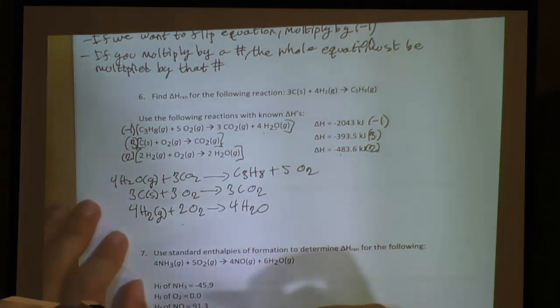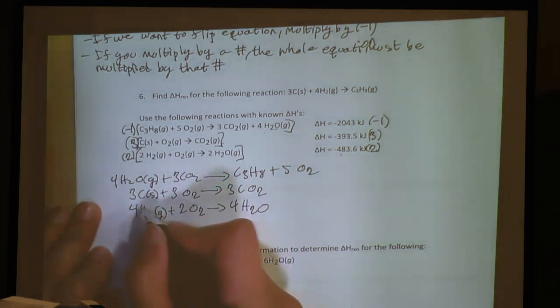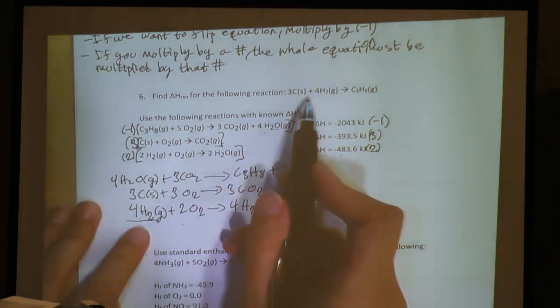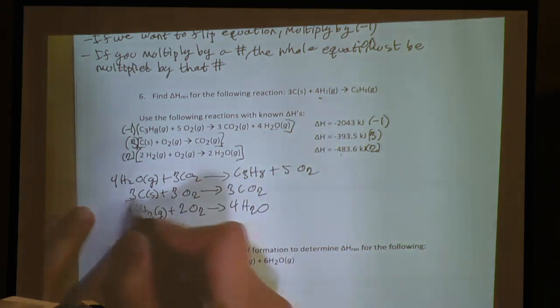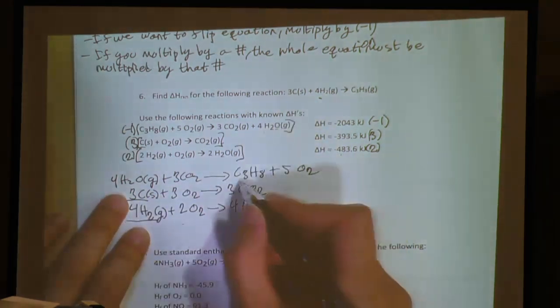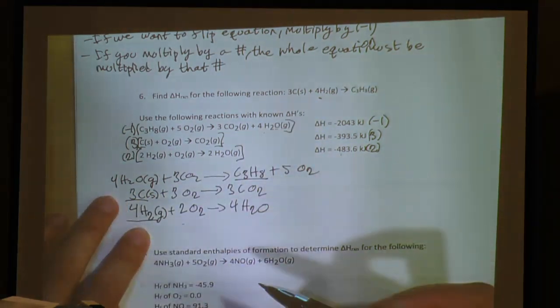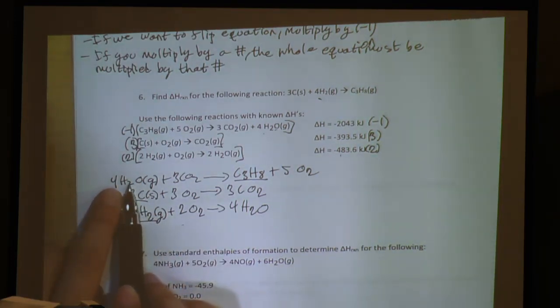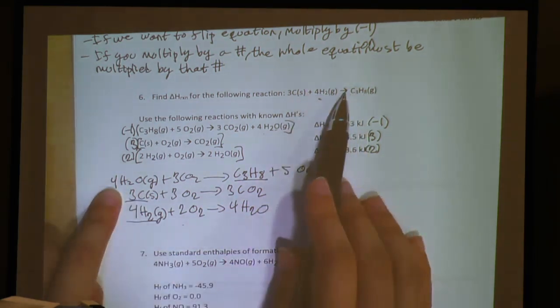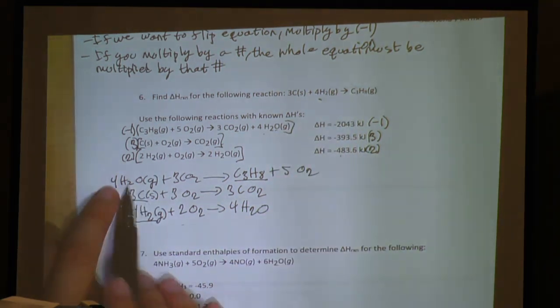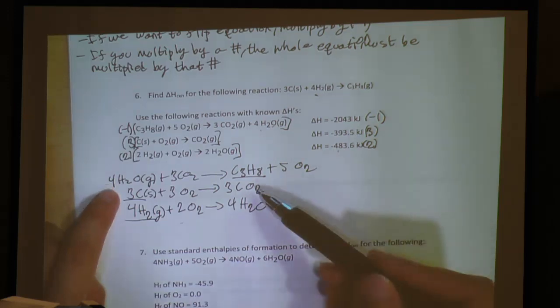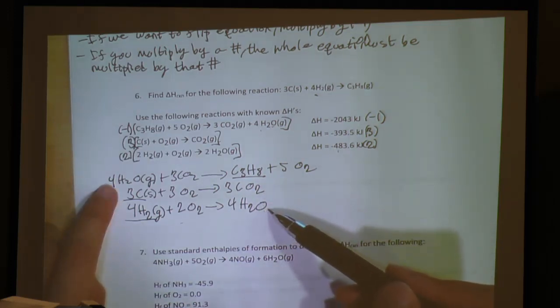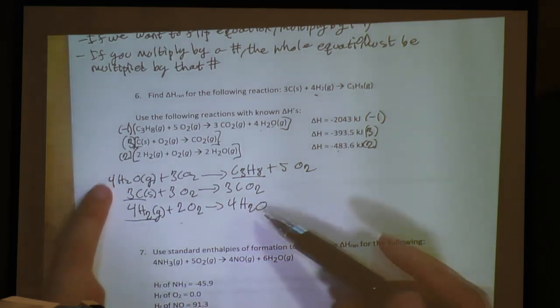The good thing about Hess's law is we can always double check ourselves. So we wanted our H2, we wanted our 3 carbons, and we wanted this guy. Now we have to see if the other stuff cancels out. So we have 4H2O. That's not in our end equation. So how do we get rid of it? Well, it's on the left side of the equation here, and on the right side here, so they cancel each other out.